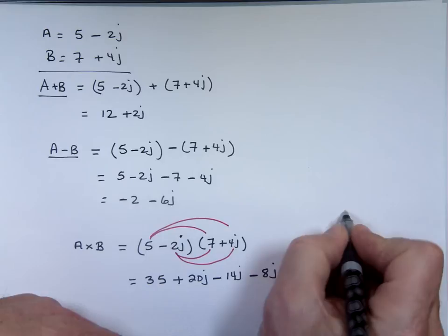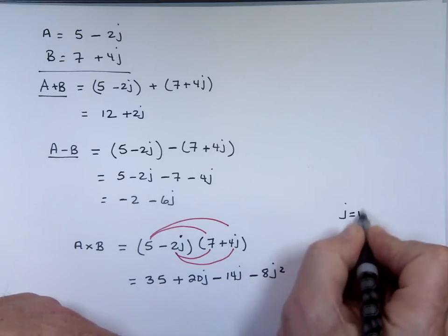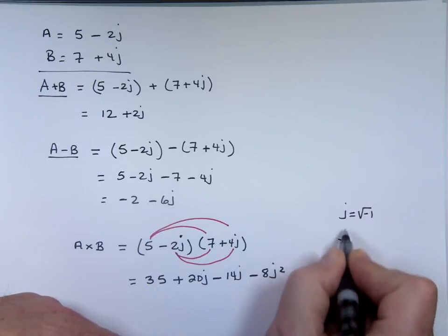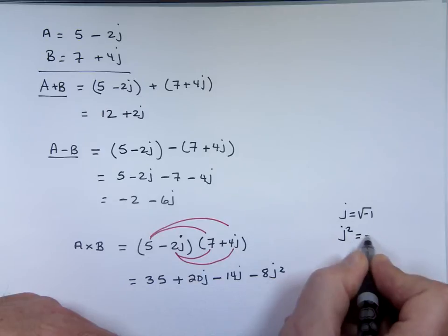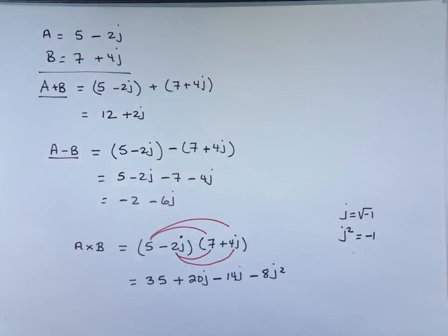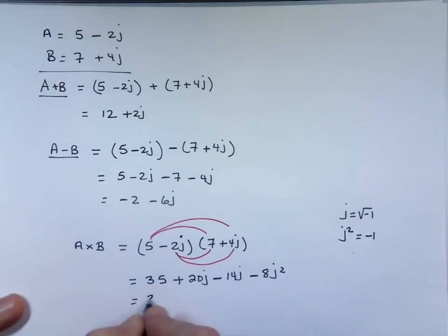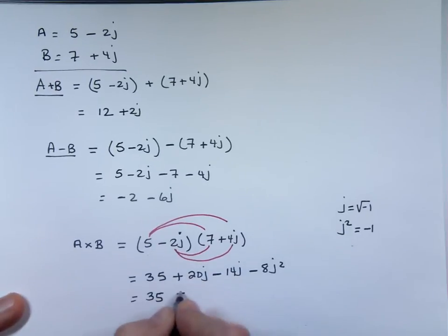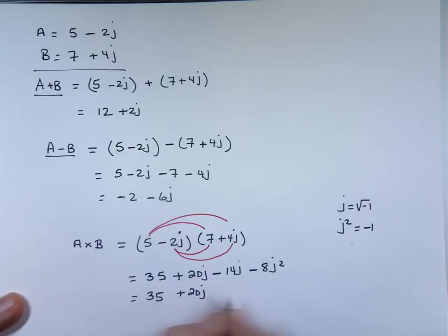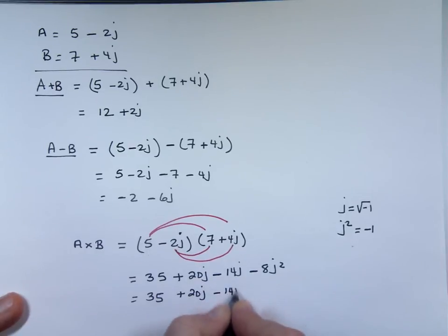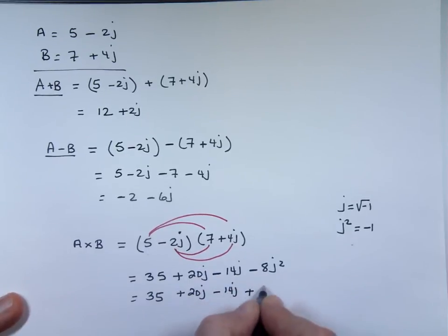Remember, J is the square root of minus 1. What do you think J squared is then? Negative 1. So since J squared is minus 1, this becomes 35 plus 20J minus 14J, and this becomes plus 8.